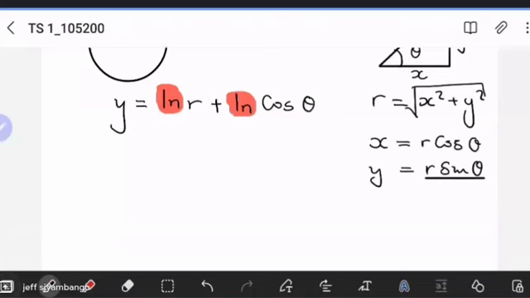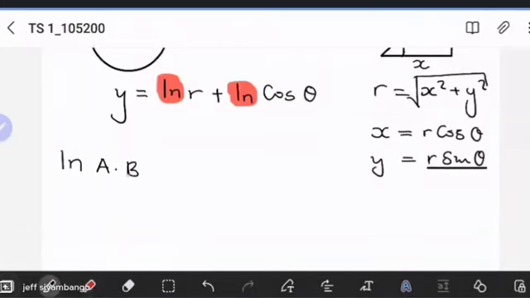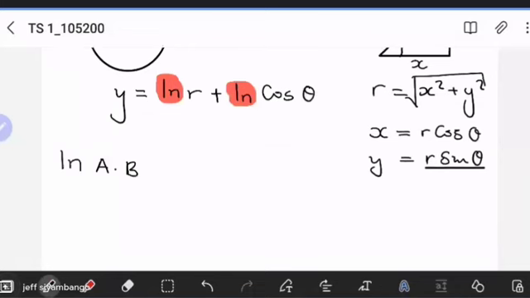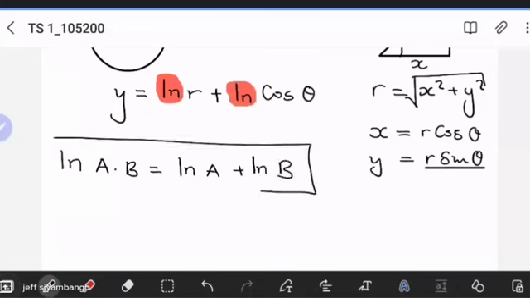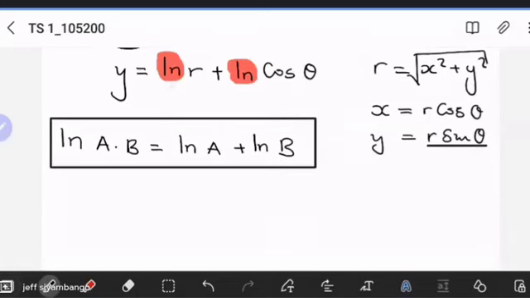And one property in particular that is going to be useful here is if you had ln A multiplying B, you should understand that this will be the same as ln A plus ln B. So this is one property of natural logs. Based on this property, you see that this is ln r plus, and the key thing is this is an addition, plus ln of cos theta.